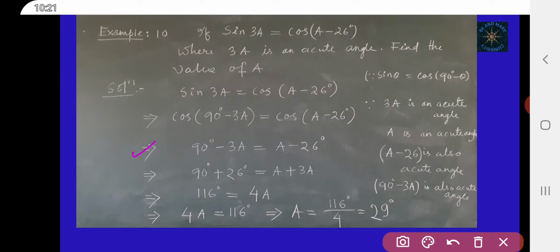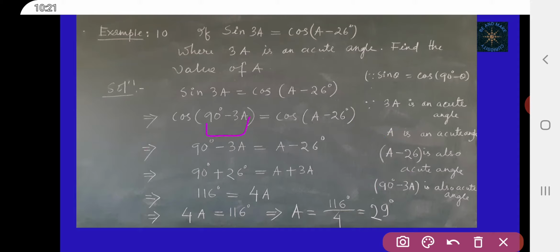As this angle and this angle are acute angles, we can write this angle is equal to this angle. 3a is an acute angle, then obviously a is also an acute angle, a minus 26 is also an acute angle, and 90 degree minus 3a is also an acute angle.